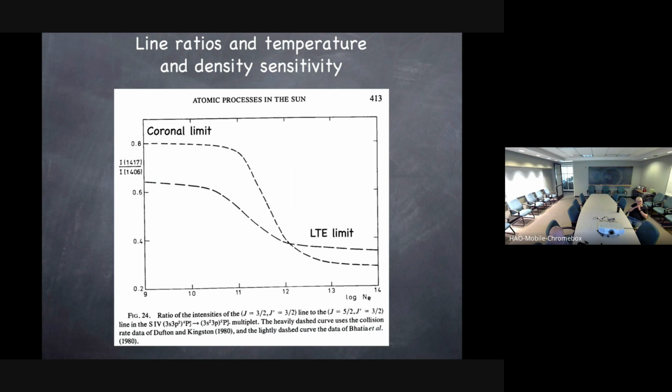This happens to be sulfur 4, which is, that's not boron, it's aluminium-like, which is the same as boron. It has low-lying metastable levels with small A's and big C's, so it has these kinds of transitions. And you can see that in something like the solar transition region, this could be used to measure the electron density by looking at the ratio.